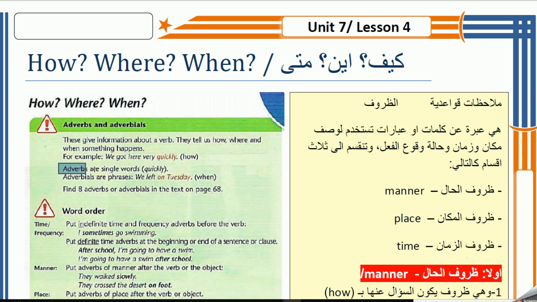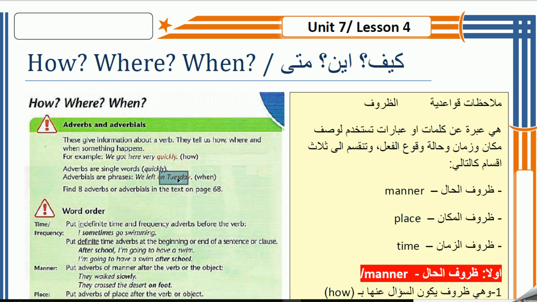Adverbs are single words. Quickly, single word, means adverb. While adverbials are phrases. For example, we left on Tuesday.